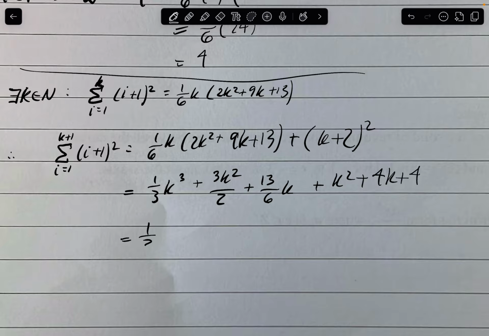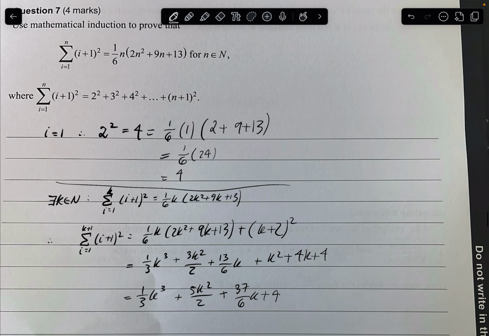You can say that's 1/3 k cubed plus 5k squared over 2 plus 24 plus 13, that's 37 over 6k plus 4. What do we want to end up with? Let's just write what we want to end up with.